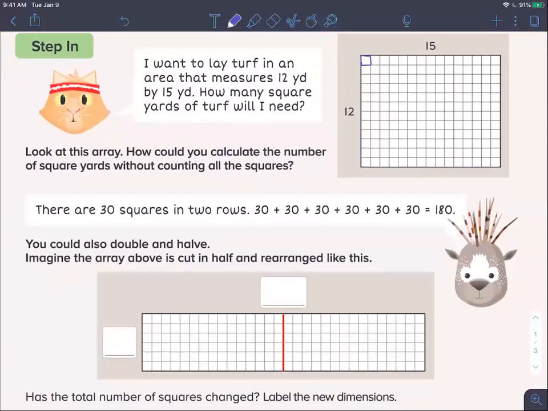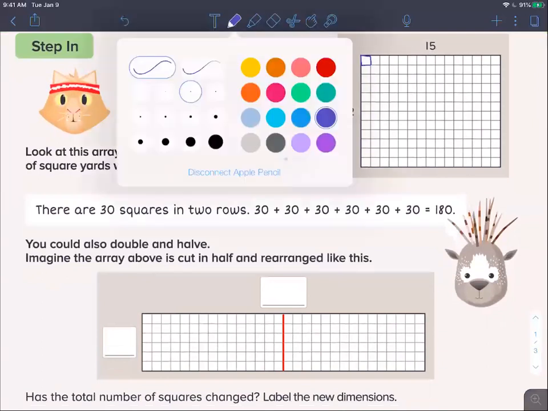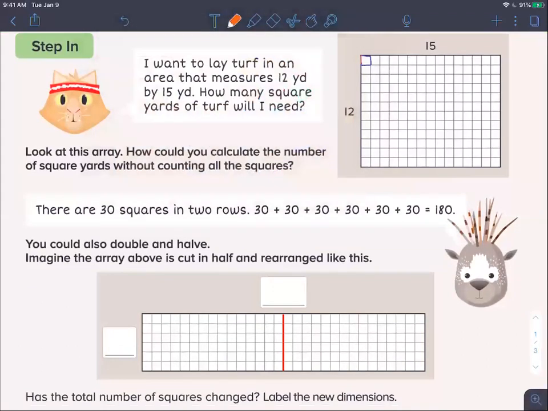What that means is they say there are 30 squares in 2 rows. Okay, so I'm going to use a little brighter color. So what they're saying is if you take 2 rows together here, like that, right? 1 row is 15, so 2 rows is 30. Okay? So if I keep doing that, here's another 2 rows of 15, there's another 30.